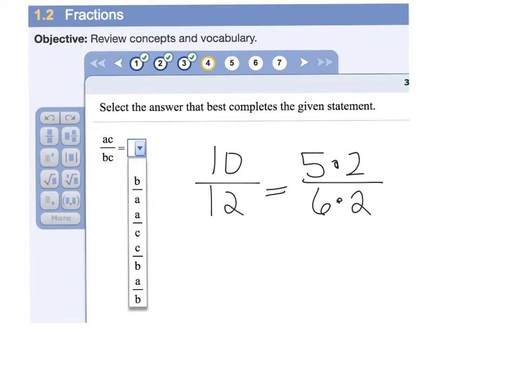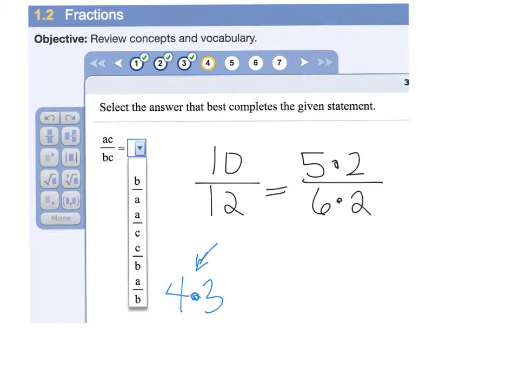Because really all I did was take 10 and make it 5 times 2, and take 12 and make it 6 times 2. Now, I could have made 12 into 4 times 3, but that wouldn't have helped me, because what I was really hoping for was a common number that would show up in both the numerator and the denominator. Because you'll notice over here, c shows up in both the numerator and the denominator, and that was my point.